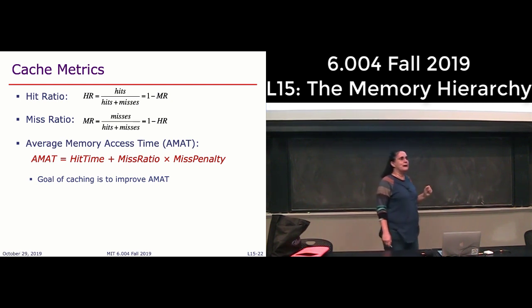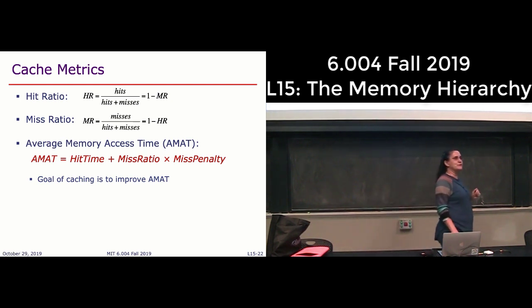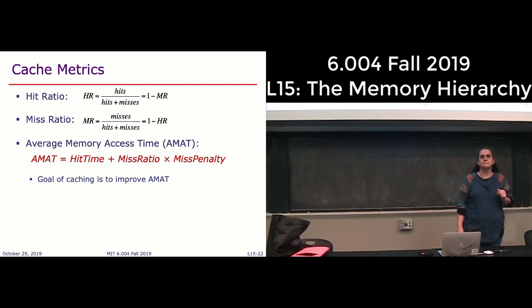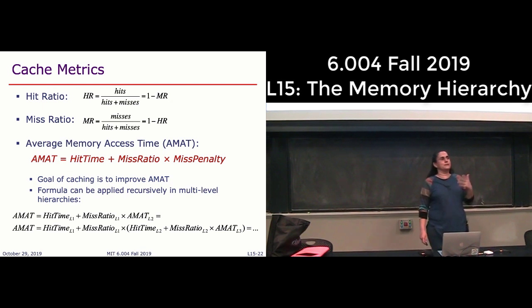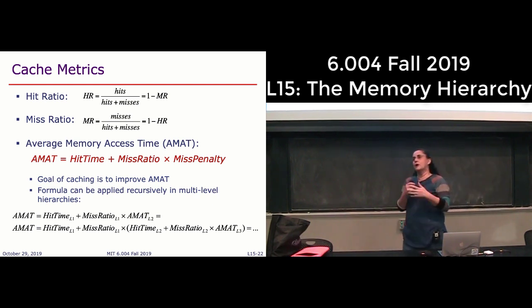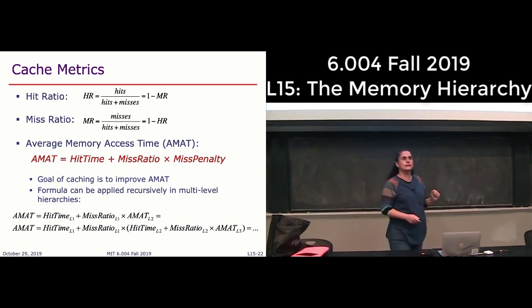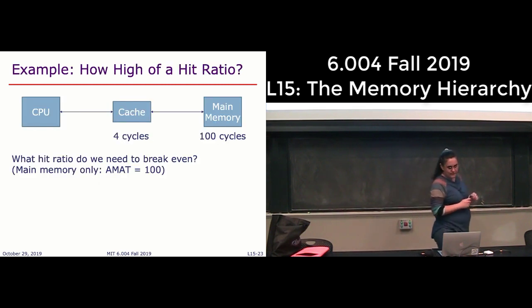Any questions about where that equation comes from? Okay, and so if we have multiple levels of hierarchy, then I can just apply the same equation recursively, okay? And so I can calculate what the average memory access time is regardless of the configuration of my memories.